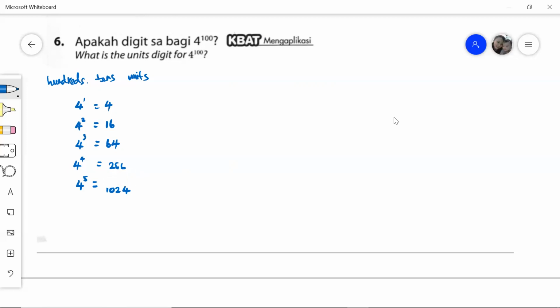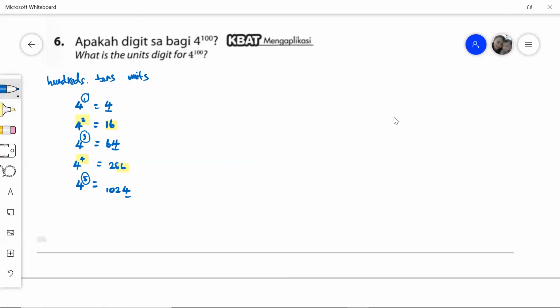Over here, you will notice that when our index is an odd number, the units digit is 4. And when our index is an even number, then our units digit is 6. So the units digit will swing from 4 to 6 to 4 to 6. It will swing between these two numbers.